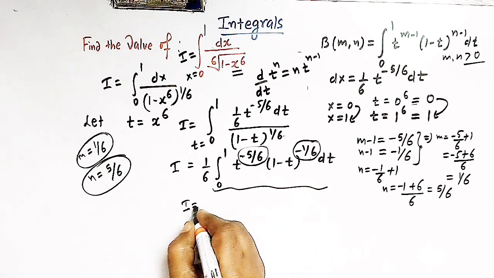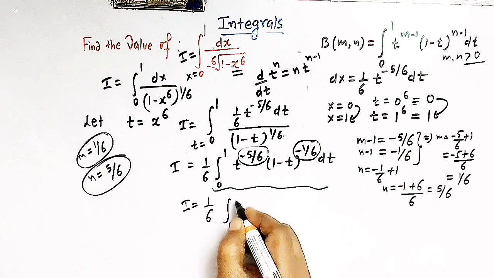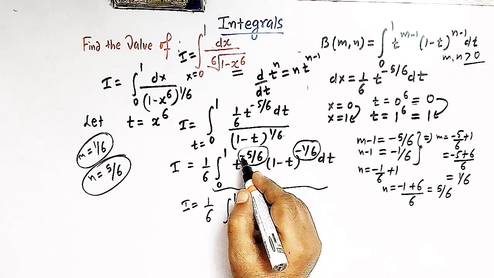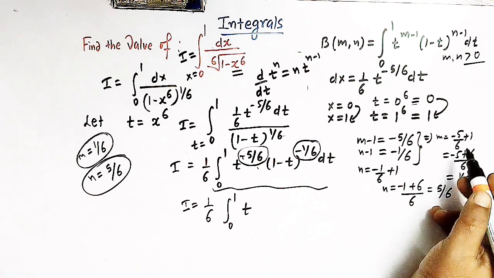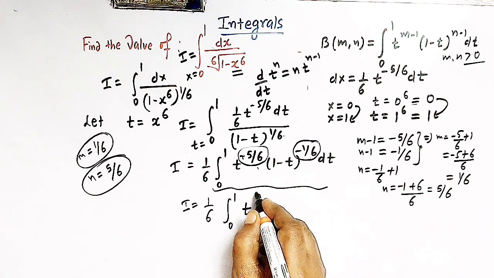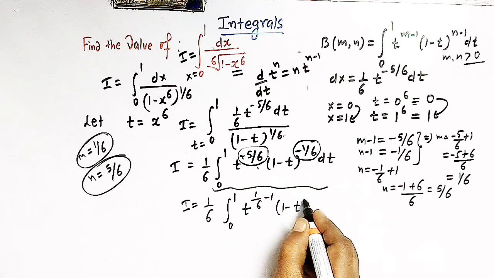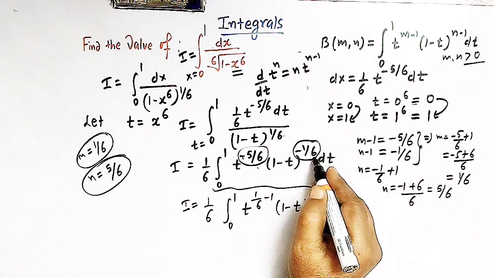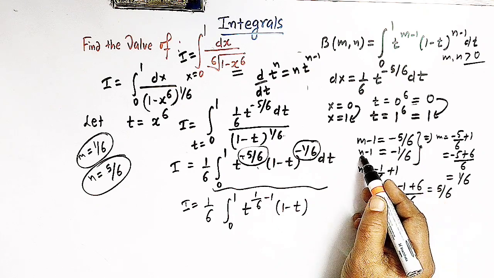Now we can write this integral as 1 over 6, integral from 0 to 1, and t raised to minus 5 over 6 is m minus 1. So we have m is equal to 1 over 6, so 1 over 6 minus 1, and here we have 1 minus t raised to minus 1 over 6. So minus 1 over 6 can be written as n minus 1.